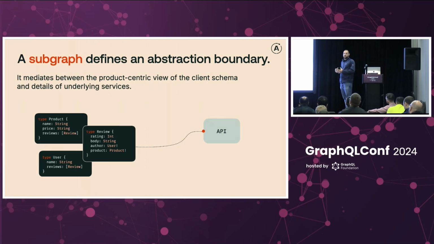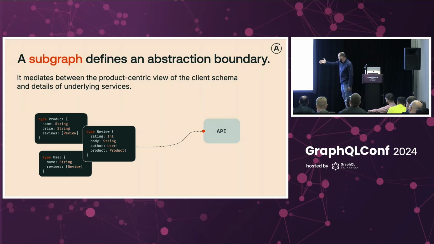There's still an implementation needed for that subgraph. Something in your system will have to be able to actually answer requests for these types and fields. So a subgraph is something that mediates between that product-centric view, that client API view, and whatever underlying services offer those capabilities.